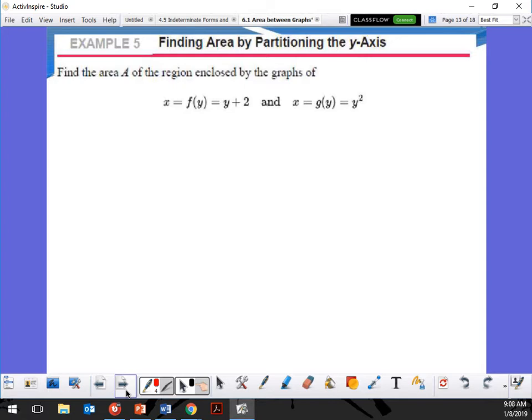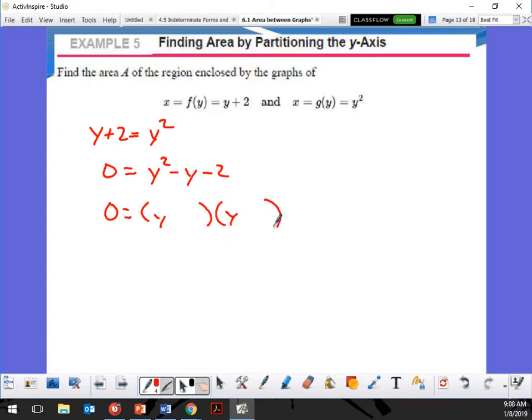So to find the area enclosed by that, that means I need to set them equal. Set them equal, right? So it's going to be y plus 2 equals y squared. 0 equals y squared minus y minus 2. So that factors out to be, don't everyone speak at once on this one.